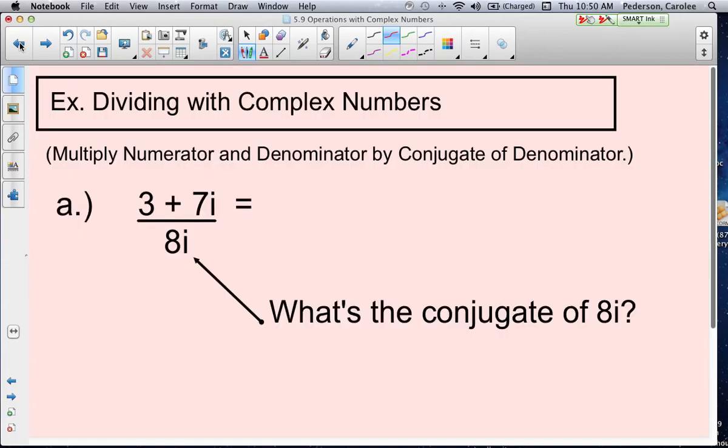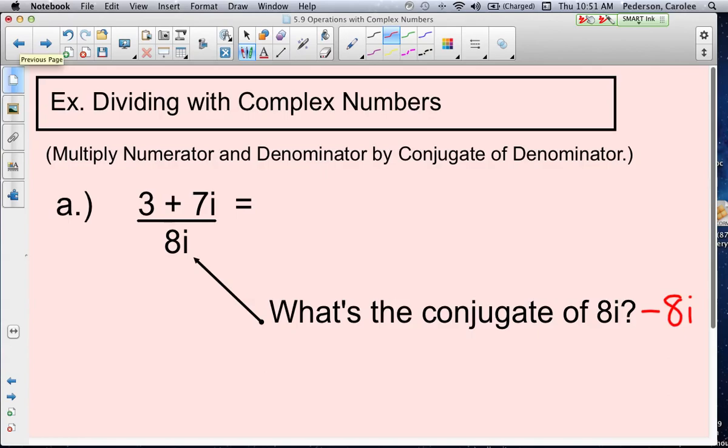All right, so let's go back to this example. We want to divide these two complex numbers, 3 plus 7i, divided by 8i. So let's just first ask, what would be the complex conjugate of 8i? Well, that would be negative 8i.